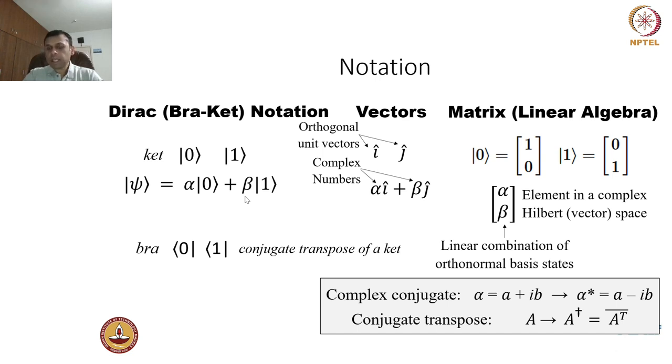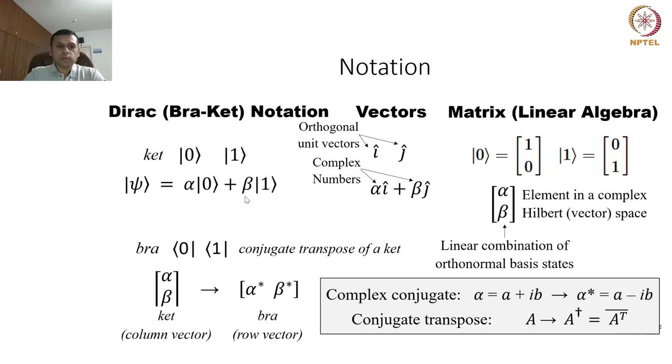So for a given matrix A, its conjugate transpose A dagger is the complex conjugate of that matrix's transpose. You take the transpose of the matrix A, and then change each element to its complex conjugate. That's the conjugate transpose, or A with the dagger symbol at the top right, as you can see.